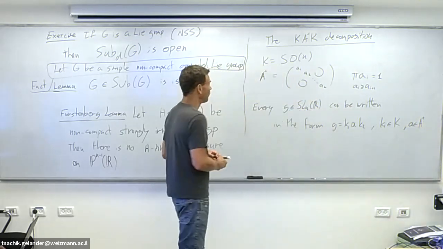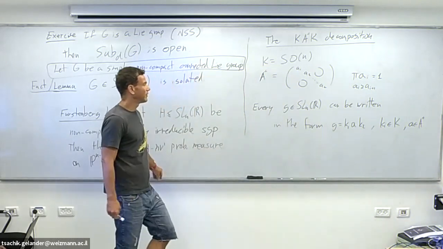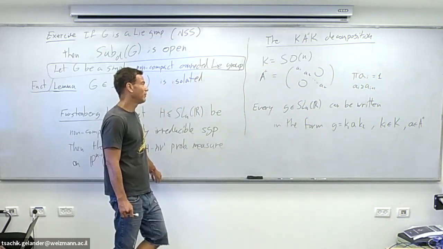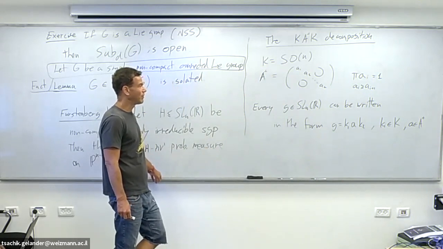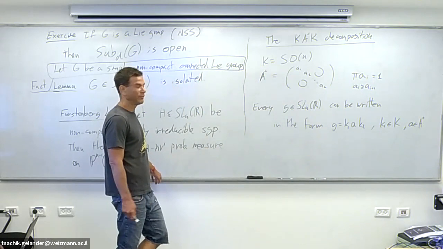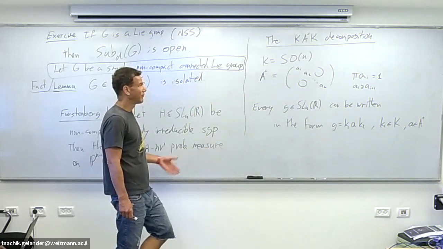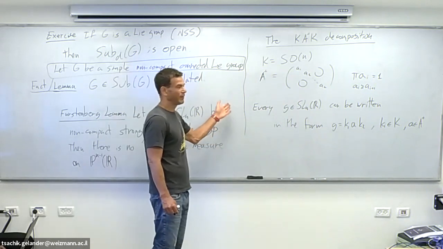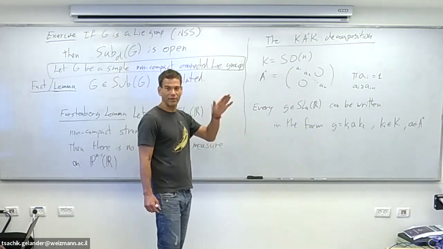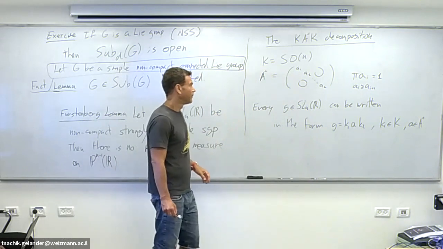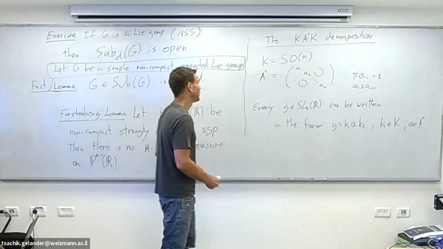A plus is not a group, it's a semigroup. The reason that you take A plus is because this expression is not unique, but the A part of it is unique. Of course it's not unique, because the identity element you can write as K times K inverse for every K. So it's not unique, but it's almost unique in that sense.